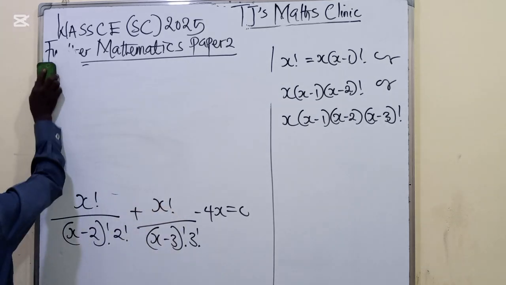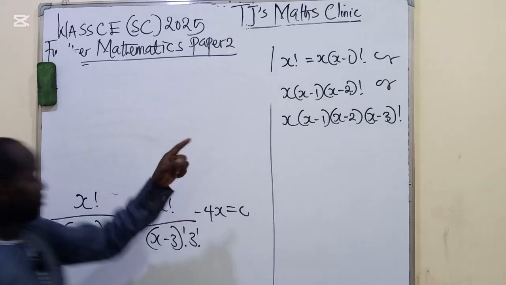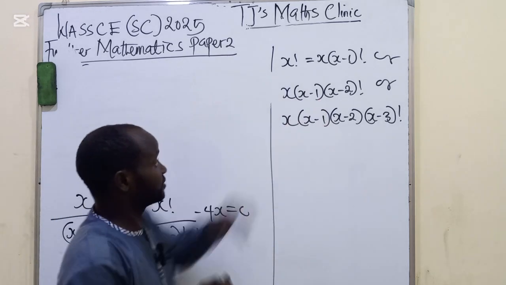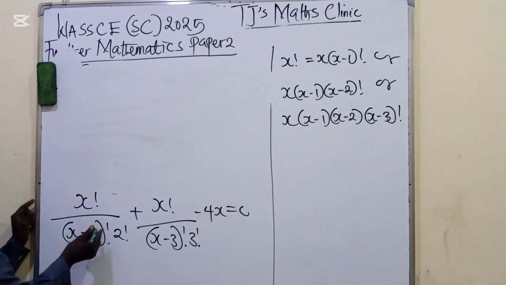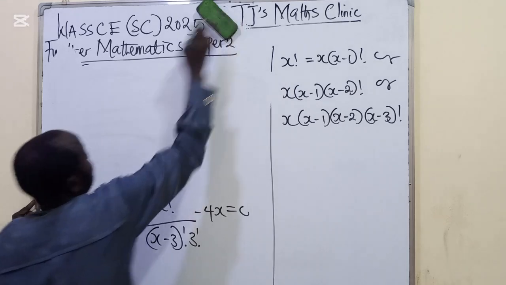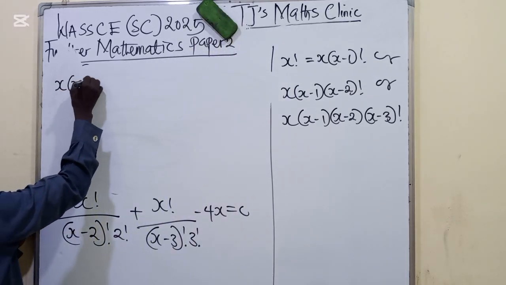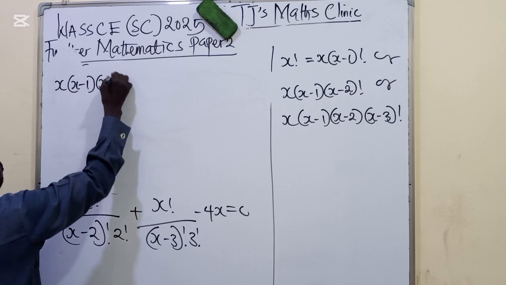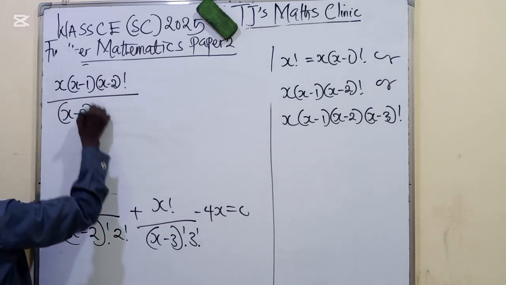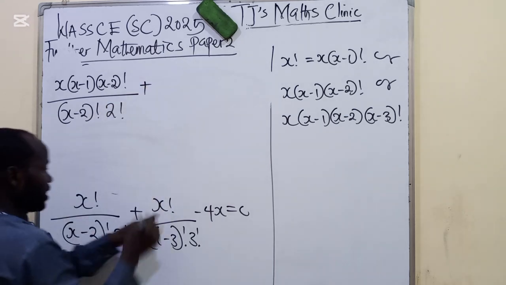Let me remove this up to here because we don't need the question again. In place of this x factorial, I have x minus 2 factorial in the denominator, meaning I will pick this form so that I can cancel out x minus 2 factorial. So I will have x into x minus 1 into x minus 2 all factorial divided by x minus 2 all factorial times 2 factorial, plus x factorial.